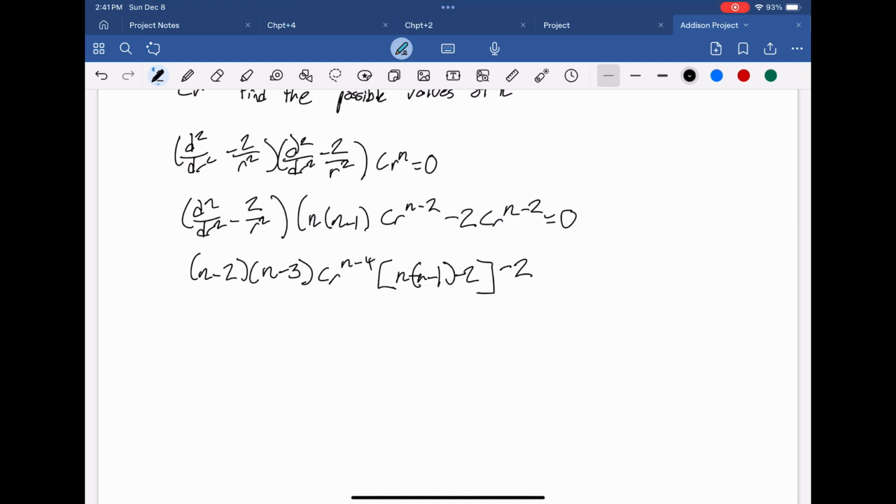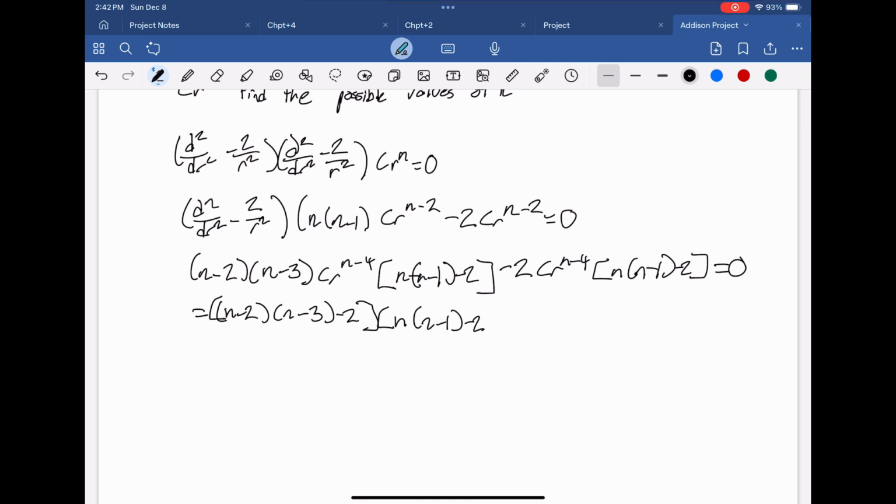Minus 2 CR to the n minus 4 times n minus 1 minus 2 equals 0. This is all going to simplify down to n minus 2 times n minus 3 minus 2 times n minus 1 minus 2 times CR to the n minus 4 equals 0.